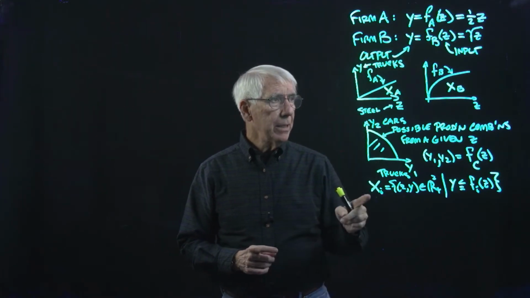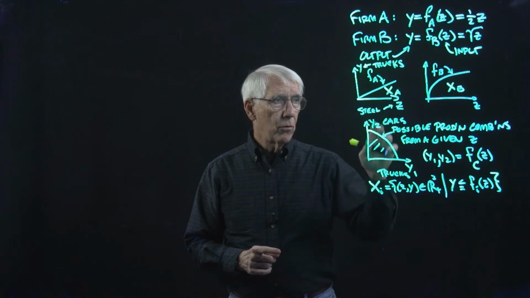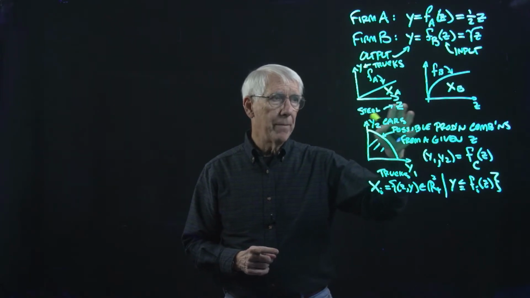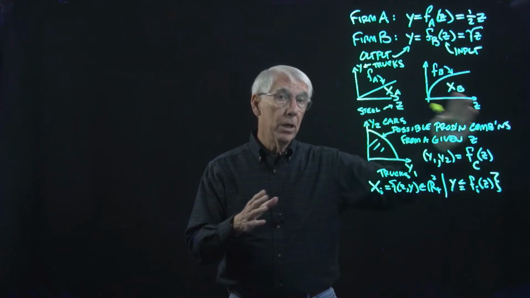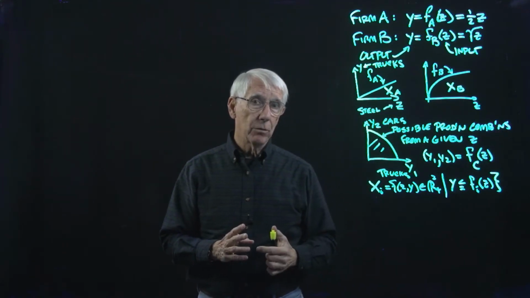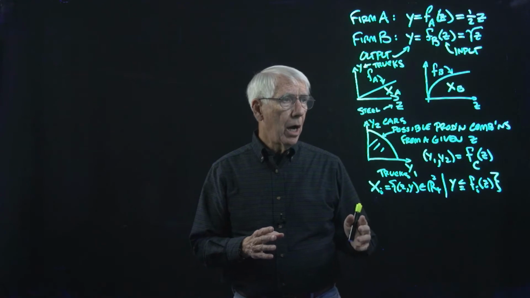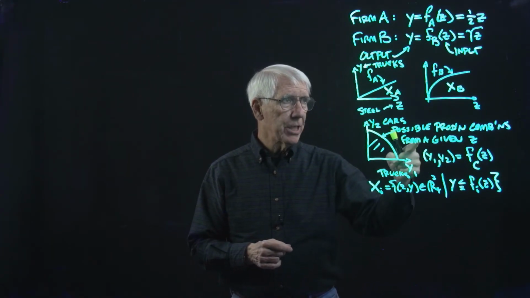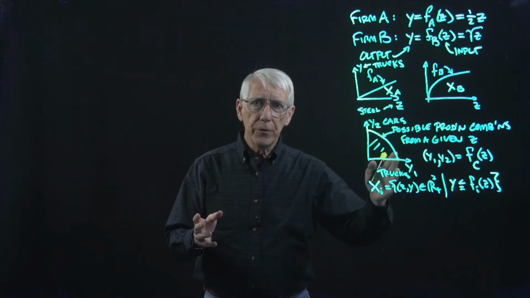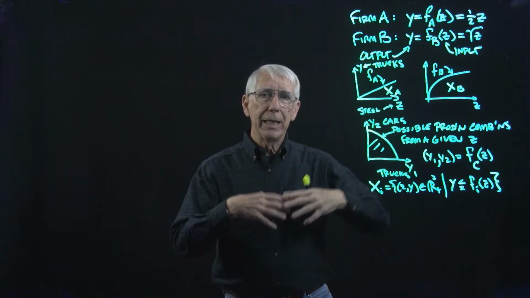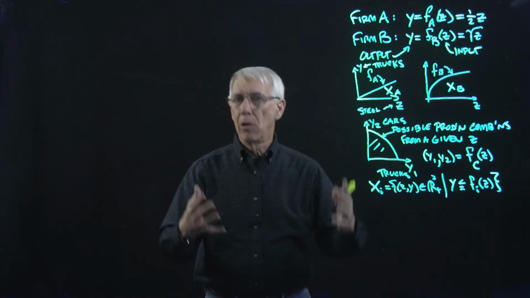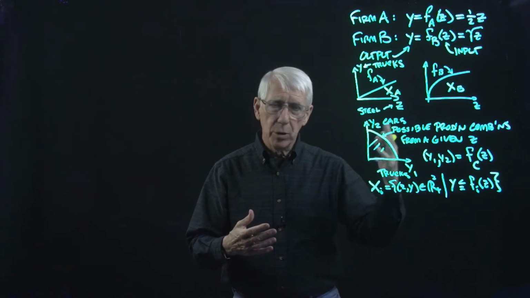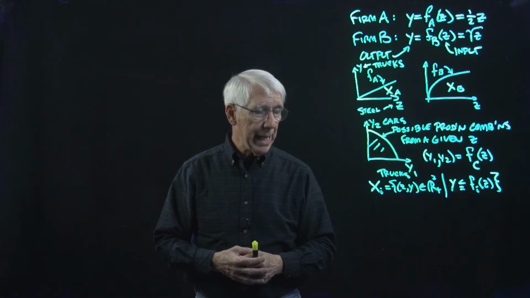Now, I said a little earlier that we're going to be interested in aggregating across the firms. So you can imagine just the two firms or a whole bunch of firms. And I want to find out what are the aggregate production possibilities from all of the firms in terms of what, if we put inputs into all the firms, what are the possible combinations of outputs that we could possibly get.